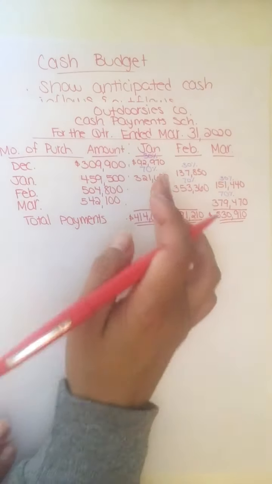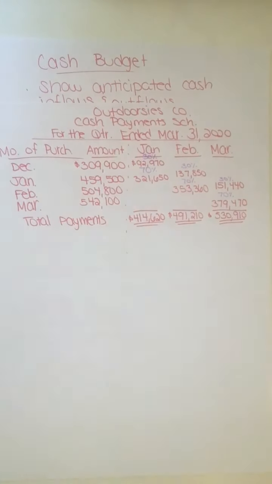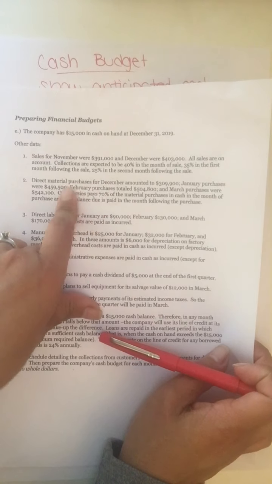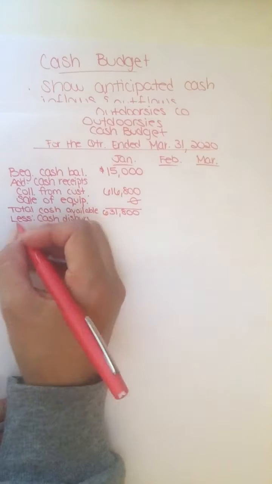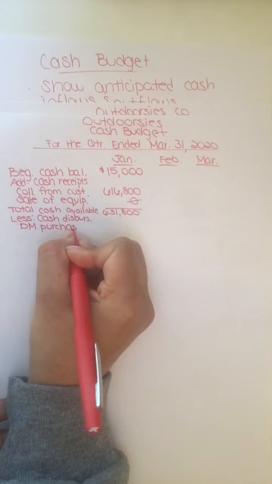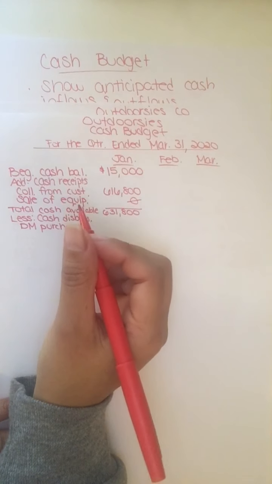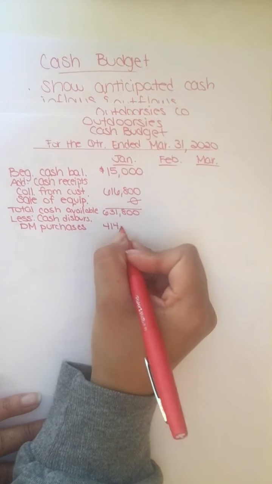So you can see for January our total payments are $414,620. And if we looked back, those payments for purchases were for direct materials. So we'll go ahead and identify it as direct material purchases, DM purchases. And we said it was going to be $414,620.